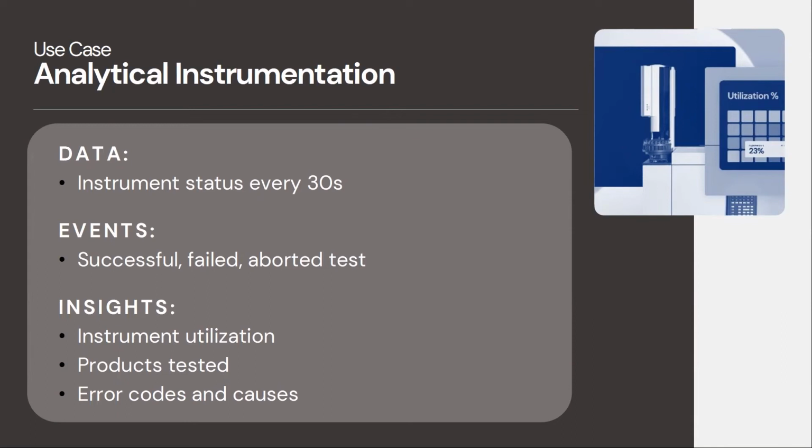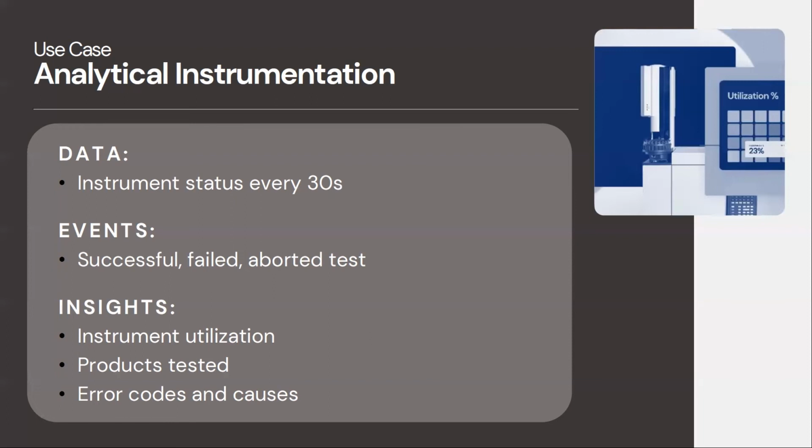But the events that are important are basically, is there a test going on? Is it successful? Has it failed? Has it been aborted? Who did the test? Et cetera, right? So you want to generate those events on top of the time series status data. And from the insights perspective, once you have the events, you can do math on the events.